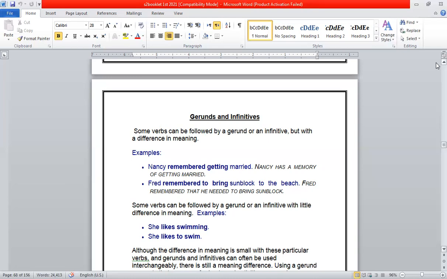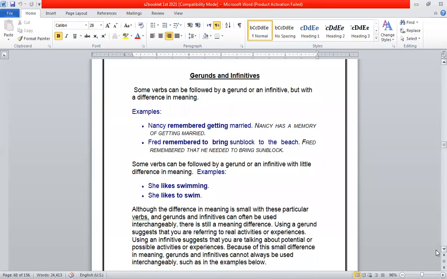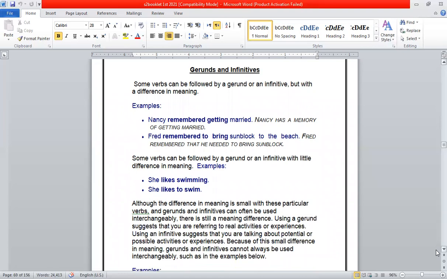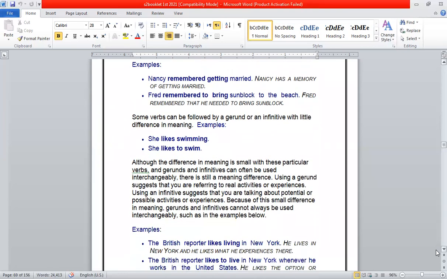Some verbs can be followed by a gerund or an infinitive with little difference in meaning, or actually no difference. Sometimes it's a little difference, sometimes it's no difference. She likes swimming, she likes to swim. Okay, after like, we use gerund or infinitive.